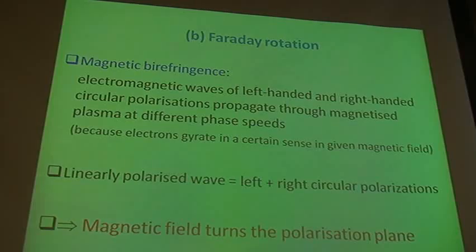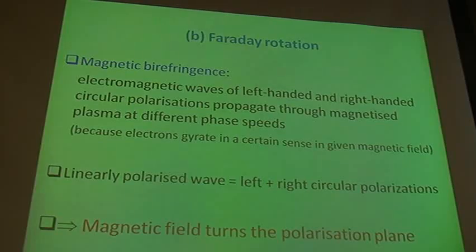I will decompose it into two circular polarizations, and then over this distance, one circular polarization will propagate faster, and therefore the electric vector will rotate by a large angle, say 90 degrees. The other wave with opposite polarization will propagate slower, or the other way around, so the phase shift will be smaller. Anyway, there will be a phase shift between the two waves.